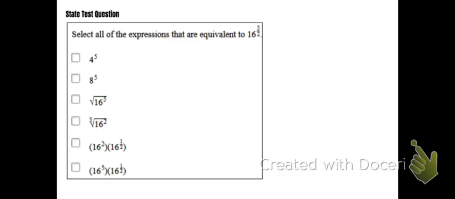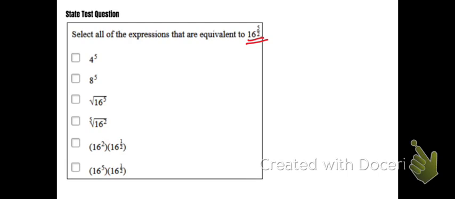Finally, let's look at this previous state test question. It wants to know which of these expressions are equivalent to 16 to the 5/2 power. Now 16 to the 5/2 power, that looks a little different. It has an exponent, and the exponent is a fraction. But you can do that. Put 16 with the exponent button, and then when you click up in the exponent area, put the fraction 5 divided by 2.